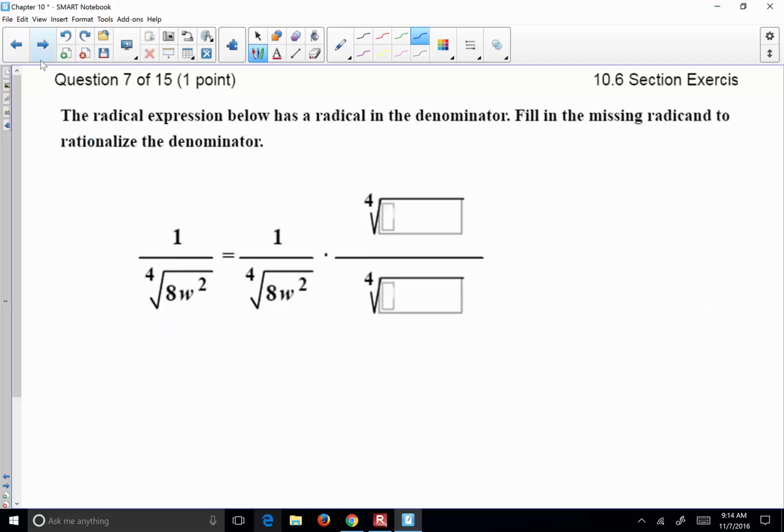Alright, we're going to start off similar work, and then get this thing rationalized. So what term do you need this 4th radical of 8w squared to multiply with so that 8 and w squared all will break prison?